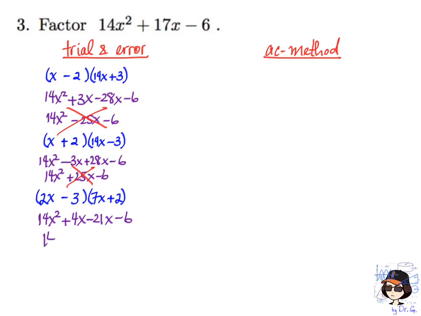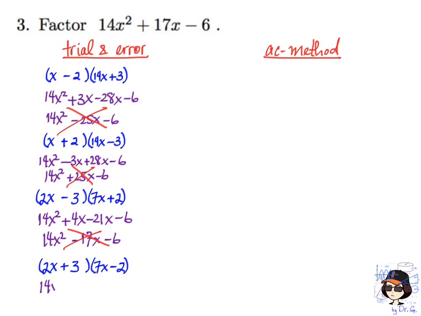Well, when we combine those middle terms, we get negative 17x, and we want a positive 17x. Well, that tells me that I might be on the right track. So instead of a negative 3 and a positive 2, let's try switching those up a little bit. Let's try a positive 3 and a negative 2.